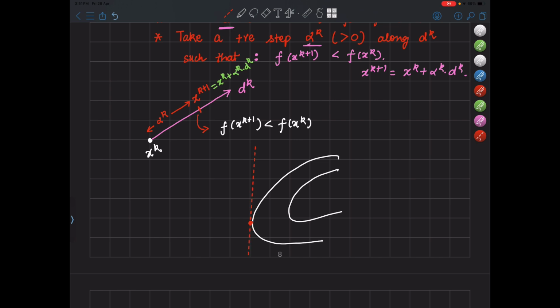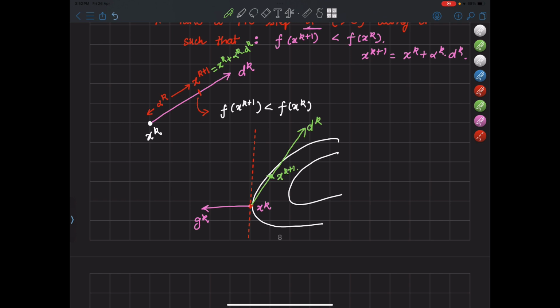Let's say the gradient direction is in this direction gk. This is xk. Any direction which makes an obtuse angle with gk is a descent direction. Let's assume this as a descent direction, and we take a small step here. This is xk plus 1. All right, so this is how we find the new iteration point.